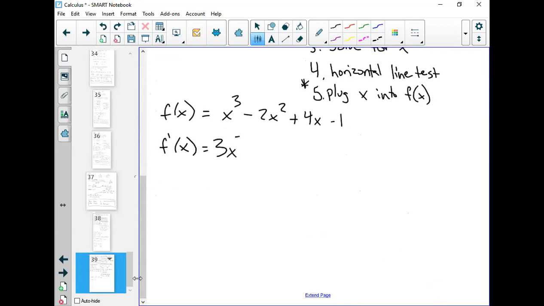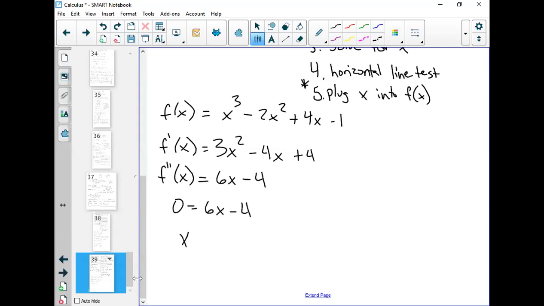It's going to be 3x squared minus 4x plus 4. And then we're going to take the second derivative of that. So we could use the first derivative and find our critical points and our intervals of increase and decrease and maxes and mins and all that fun stuff. We're going to skip over that and jump straight to the second derivative, which is going to be 6x minus 4. And then we're going to set that equal to 0.